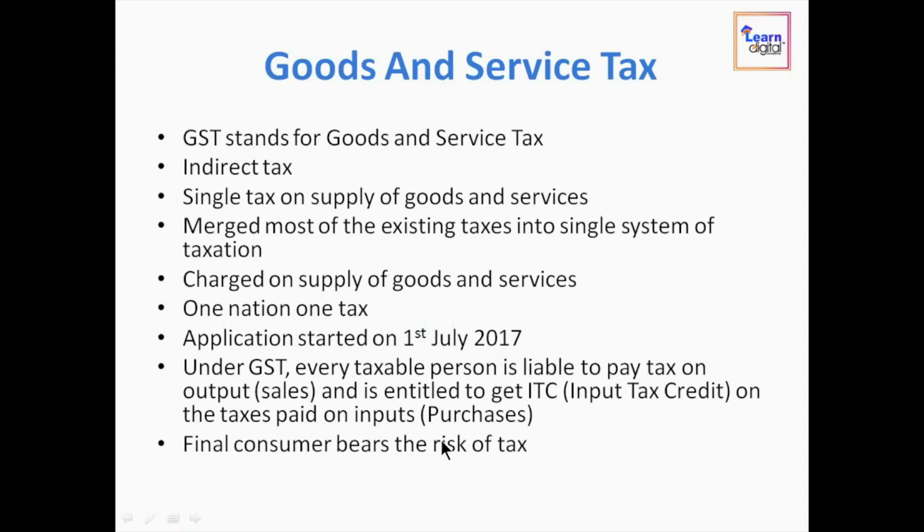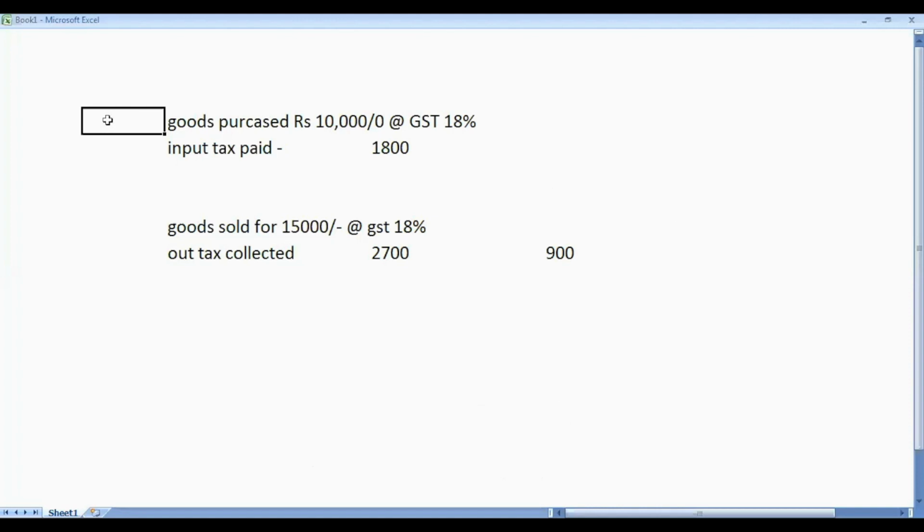So final consumer bears the risk of tax. The meaning of this is, suppose this is business one and this is business two, right? The first business sold goods to us, we purchased the goods and we sold goods to the consumer. So the consumer paid us how much? 15,000 plus that 2,700.